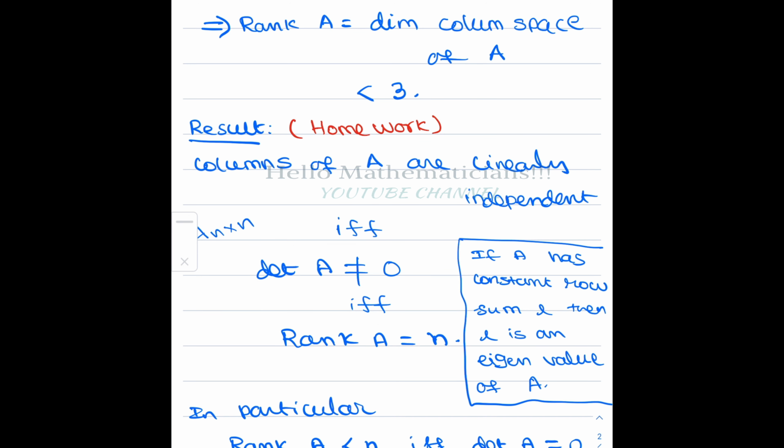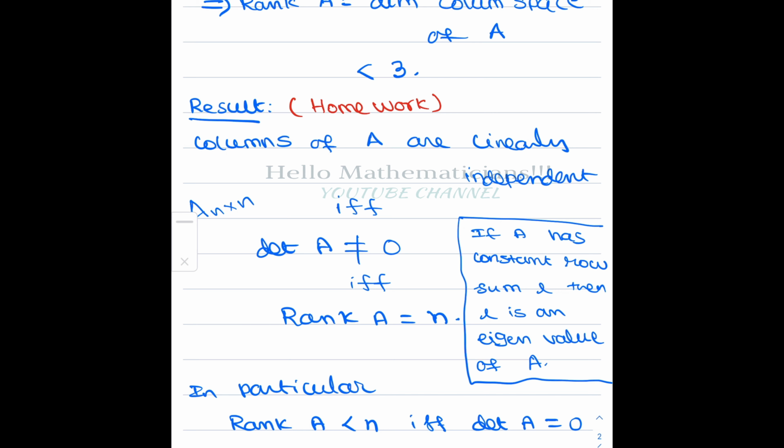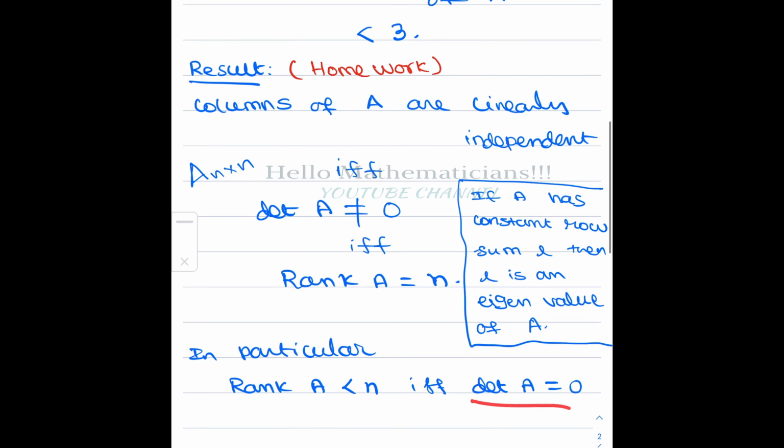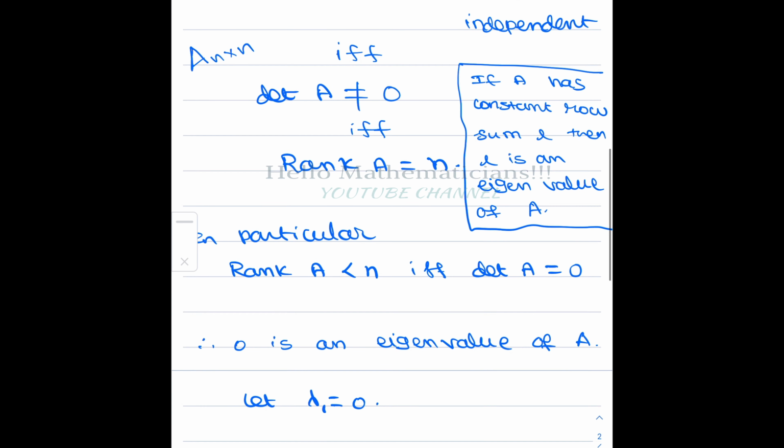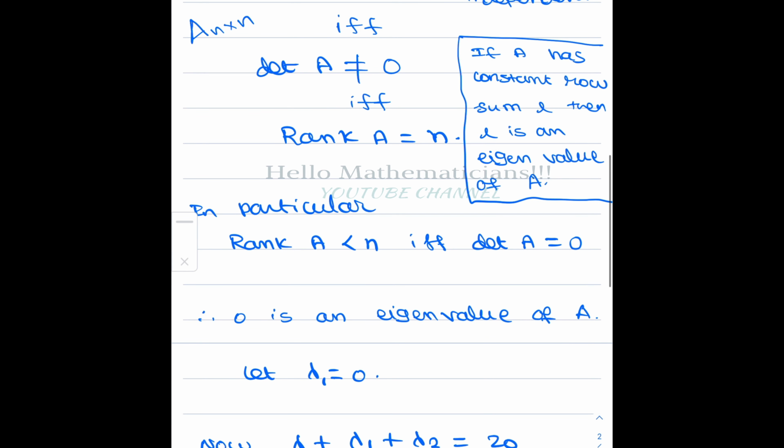That also means that rank of A is strictly less than n if and only if determinant of A equals 0. So since the rank of A is strictly less than 3, the determinant of A equals 0. But what is the determinant? The determinant is the product of the eigenvalues. So if the product of the eigenvalues is 0, one of the eigenvalues has to be 0. So we get that 0 is an eigenvalue of A.